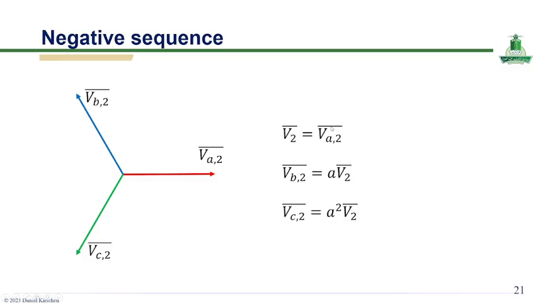So this reversal in phase sequence is a key indicator of the system unbalance and typically arises during unsymmetrical faults such as line-to-line or single line-to-ground faults.